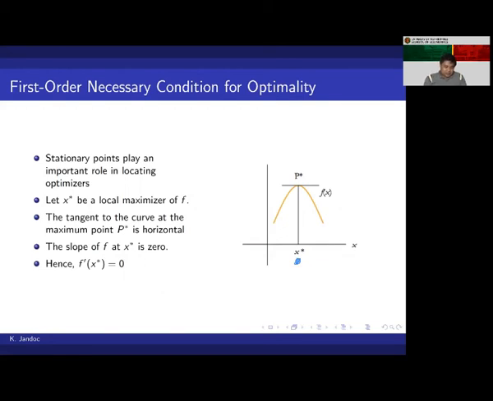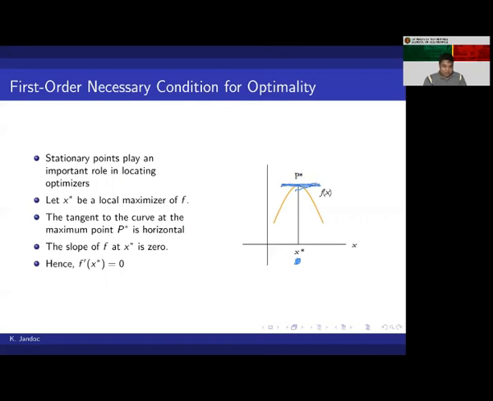If you notice at that point x star, when you draw the tangent line, the tangent line is horizontal. This is true for any differentiable function: if x star is a maximizer or minimizer, a critical point, then the tangent line at that point is horizontal.